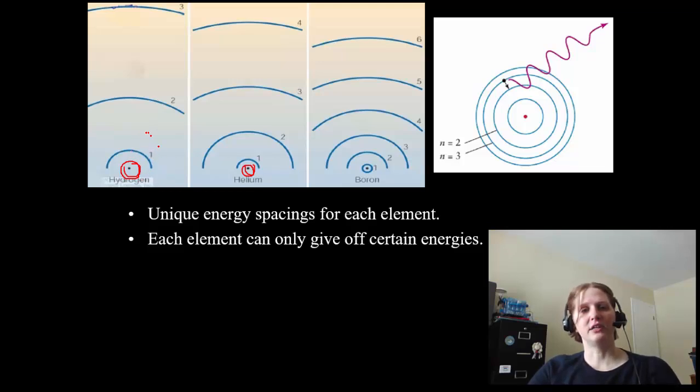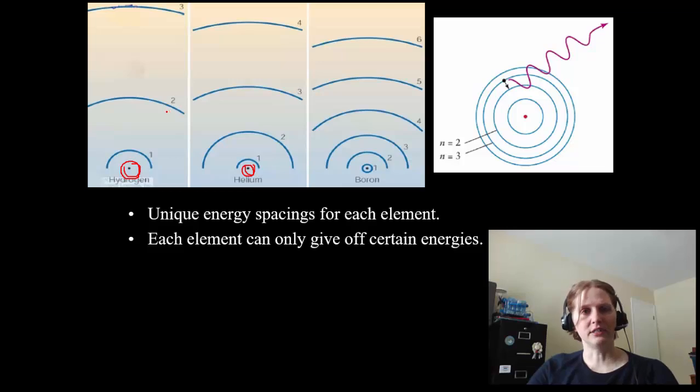So you've got energy level 1, energy level 2, energy level 3. But notice hydrogen's spacings are different from helium. Helium's spacings are different from boron. And that's what gives you the unique sets of colored lines for each element, for each molecule.